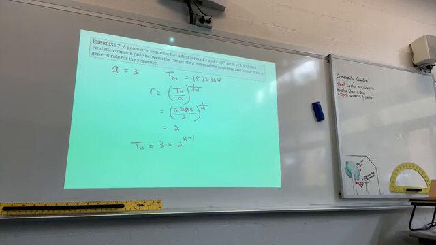I know A equals 3, I know T20. So I can work out R is 2, and therefore Tn, the general rule, is 3 times 2 to the power of n minus 1.